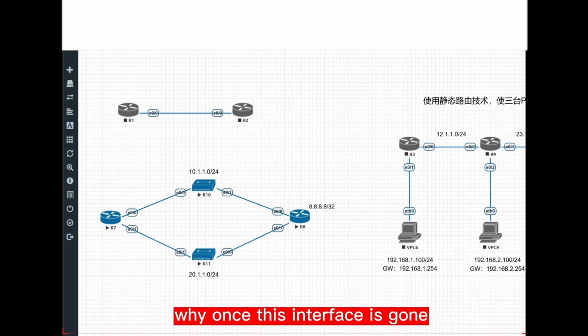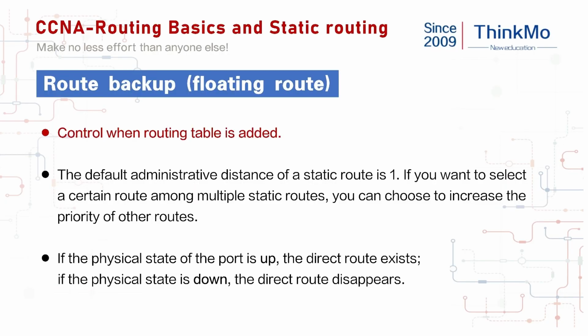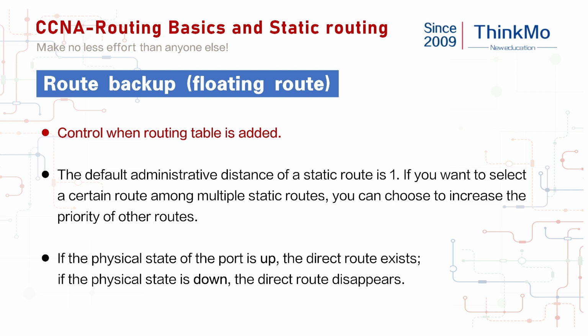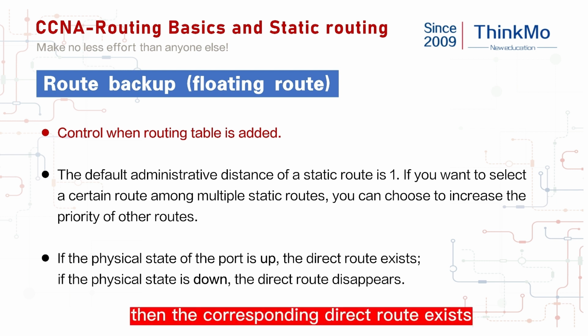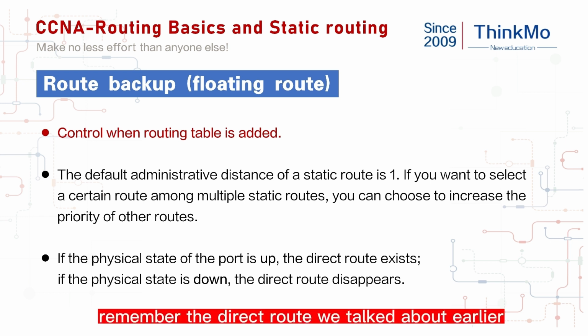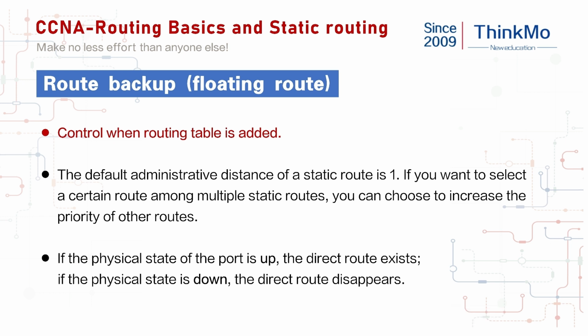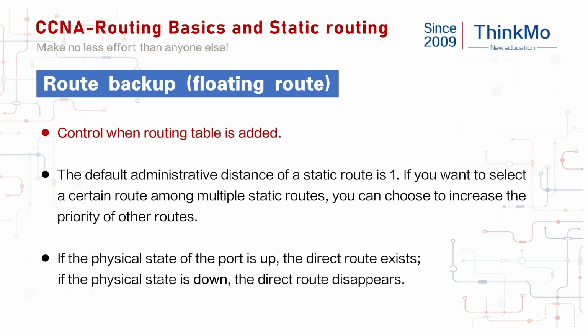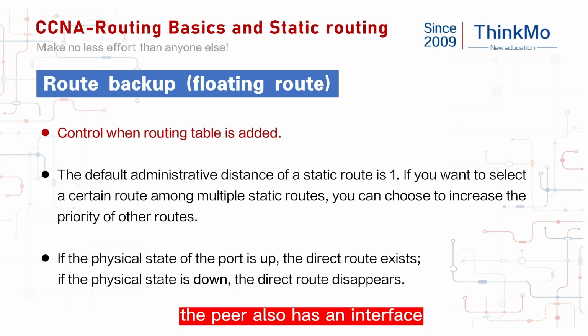Why, once this interface is gone, does the corresponding route disappear? For routing, if the physical state of a port is up, then the corresponding direct route exists. Remember the direct route we talked about earlier? That is, this interface is configured with an IP and no shutdown, and the peer also has an interface.